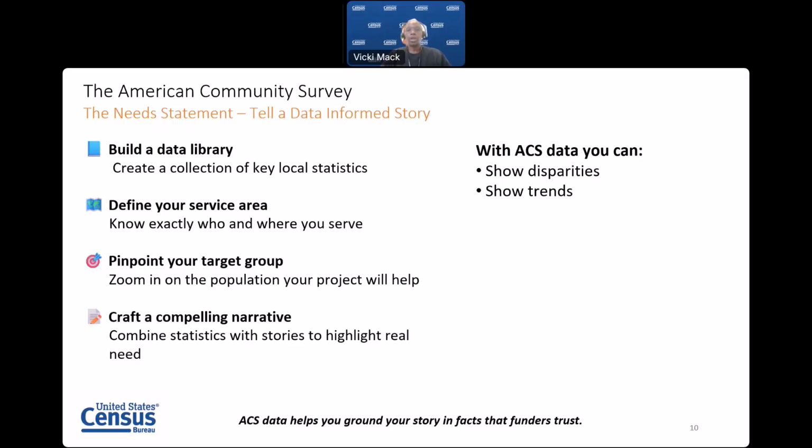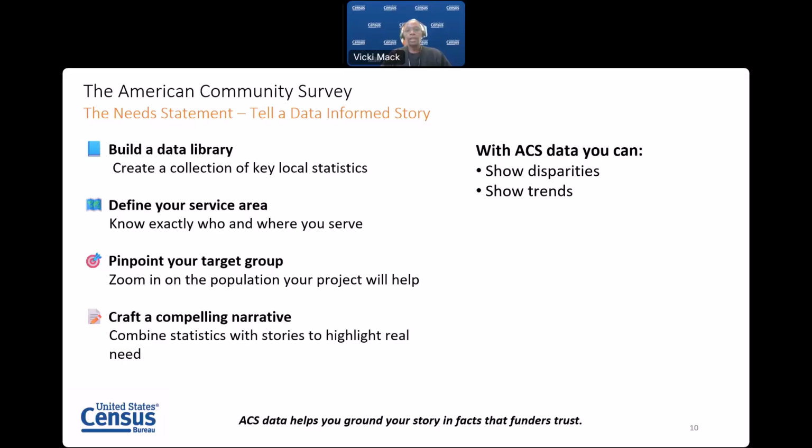ACS can help grant writers pinpoint the target group by using ACS variables like age, language spoken at home, or disability status to zoom in on the specific population your proposal aims to impact.